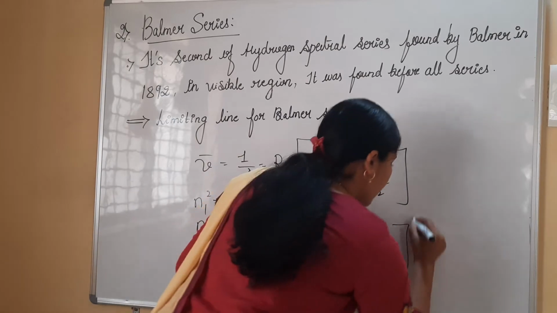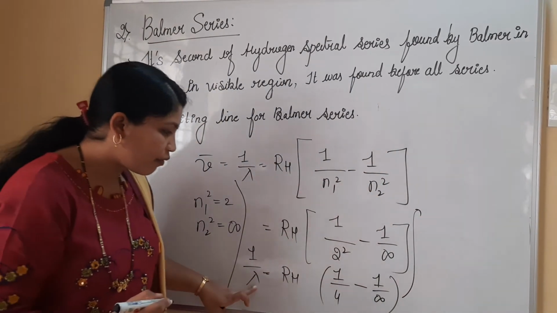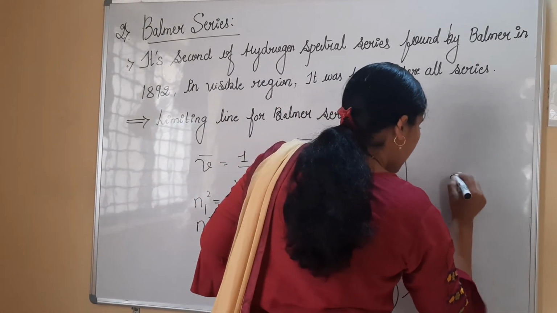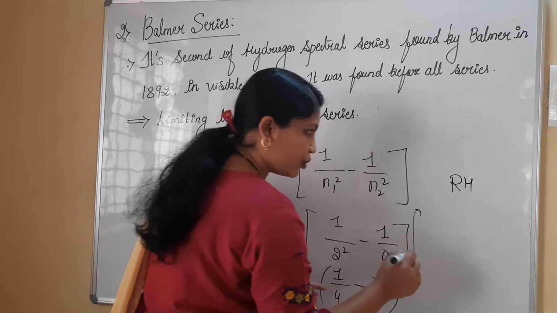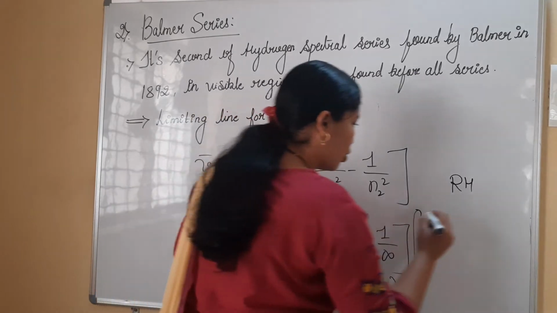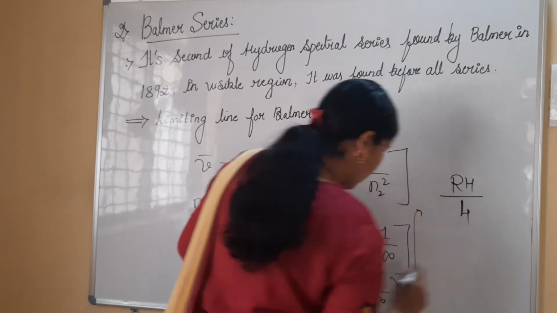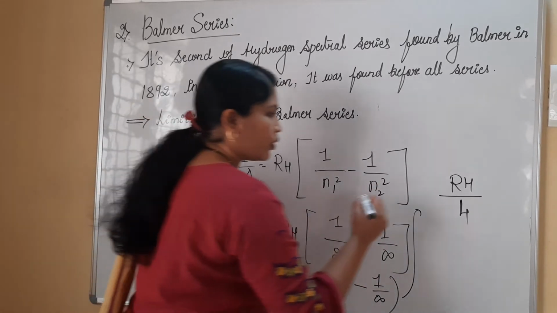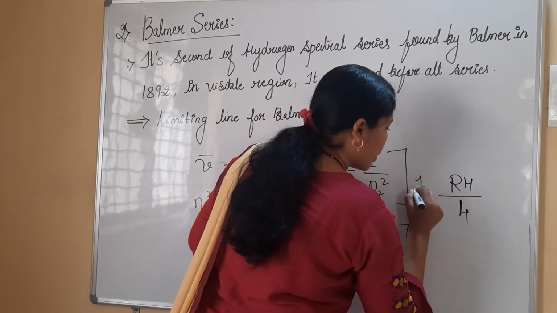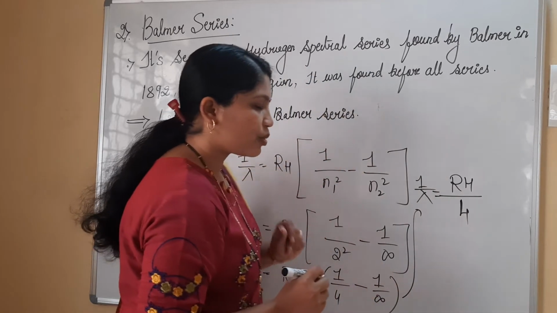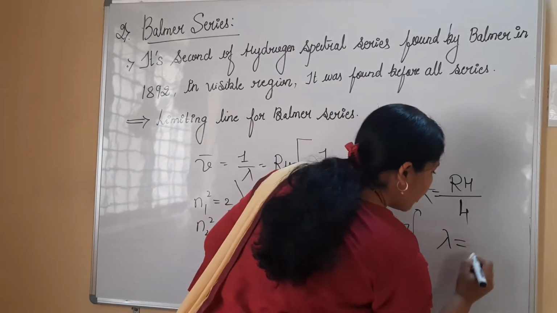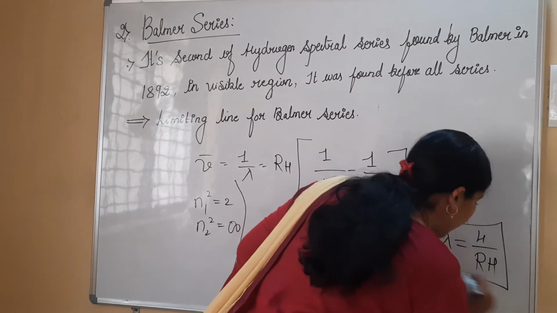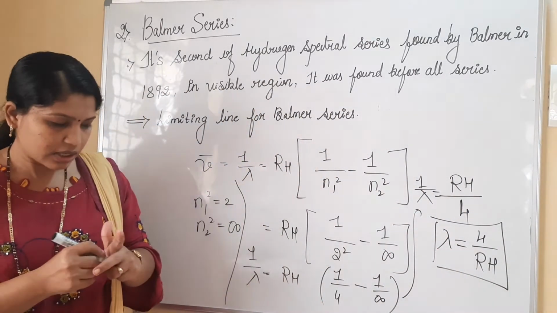So at last, if you write lambda value, now it will become, just multiply here, you will be having RH, infinity will be having a 0 value almost. I will be having RH by 4, 2 square, that is 4 I can consider. After this equation I am writing. So 1 by lambda, what I have taken is becoming RH by 4. If you consider lambda value, then it will become 4 by RH, is the limiting line for Balmer series.